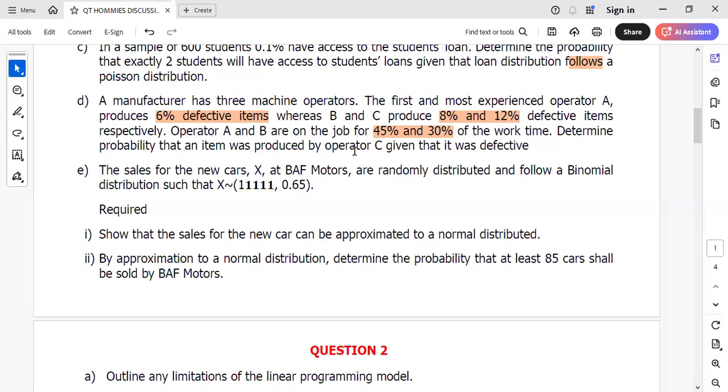When you see this kind of question, think about conditional probability, the Bayes theorem. You can answer this question using two methods: either you use the probability decision tree or you use the Bayes theorem.